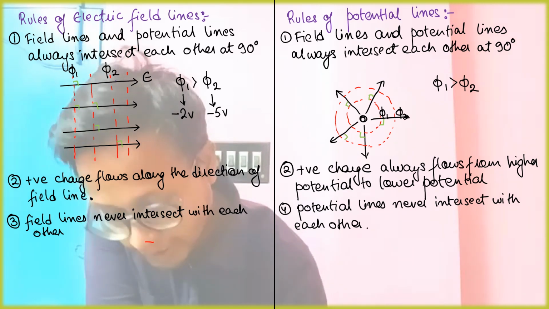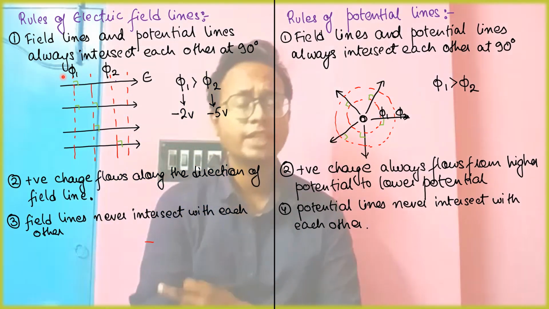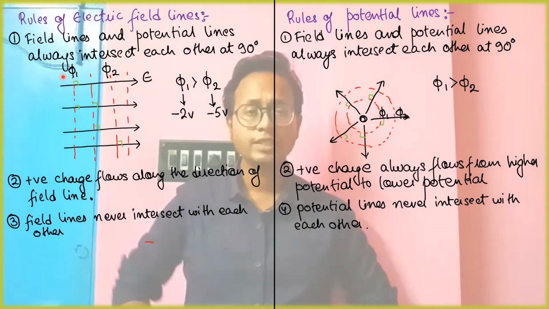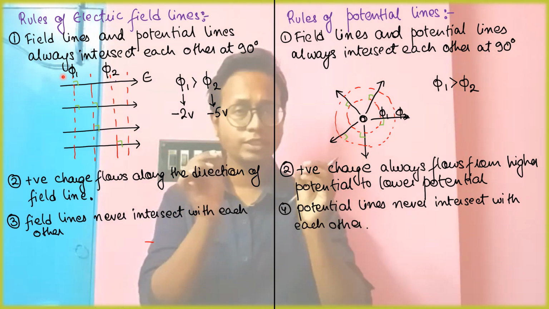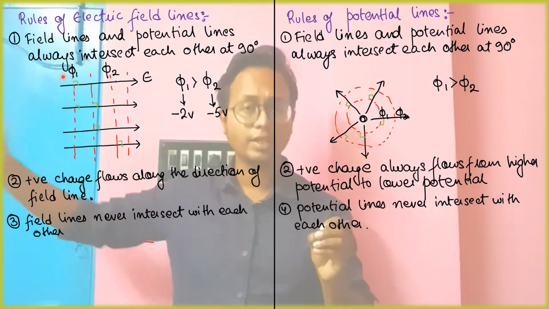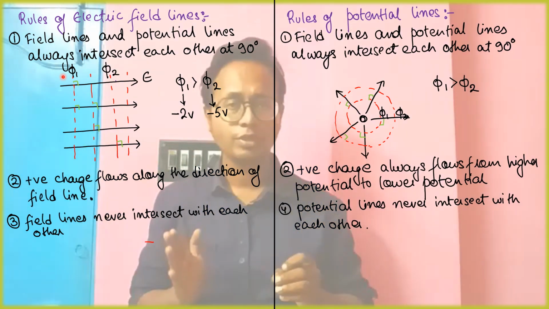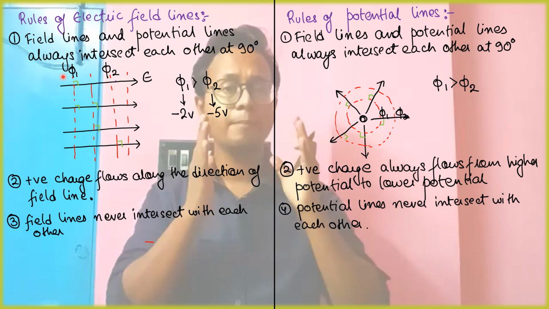Which one of them is higher, minus 2 volt or minus 5 volt? Obviously minus 2 volt is bigger than minus 5, no? Minus 2 is closer to 0, minus 5 is farther away from 0. Understood? So minus 2 is greater than minus 5.